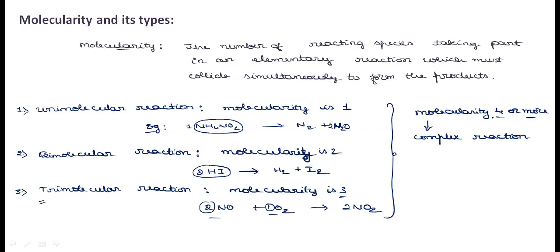A reaction whose molecularity is 4 or more will not take place in a single elementary step. They will take place in a complex reaction, that is, in the form of a mechanism of the reaction. Now with this basic information of molecularity, we'll try to compare order and molecularity of a chemical reaction.